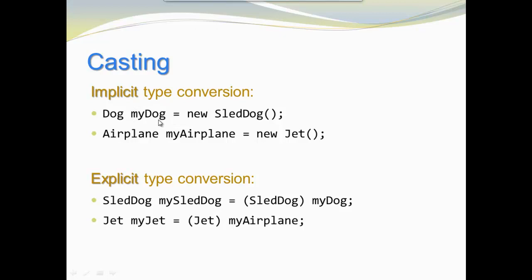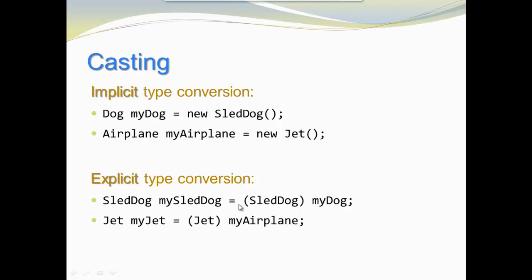Now at one point I might realize that I really want to call the method pullSled. One thing I can do is I can convert my Dog back to a SledDog. However, Java is not going to do that for me anymore. Not every Dog is a SledDog. If I try to assign myDog to mySledDog, I will get a compile time error.